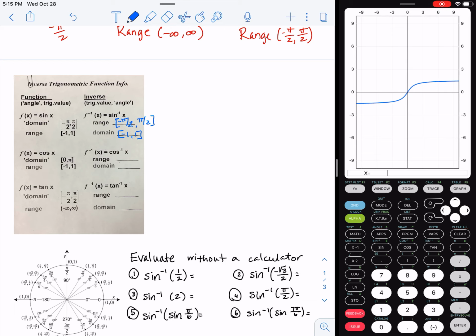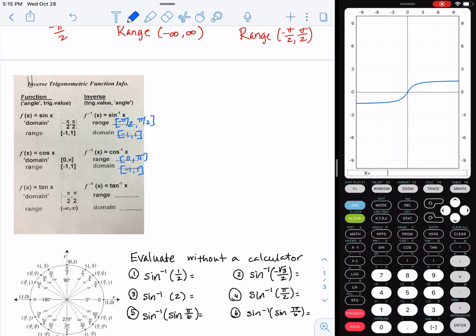So if you're looking at cosine, the domain is 0 to pi, and that makes the range of that function, I don't know why it's not copying here, makes the range of that function 0 to pi. So if the range is from negative 1 to 1, that would indicate the domain is from negative 1 to 1 of my arc cosine.